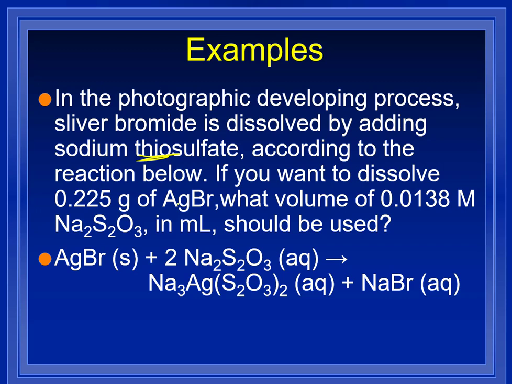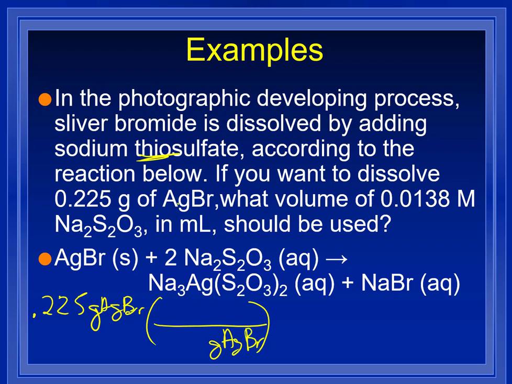Yeah, I can. 0.225 grams of silver bromide, you want to get rid of grams and change it to moles of silver bromide. And 1 mole is 107.87 plus 79.9, 187.77.